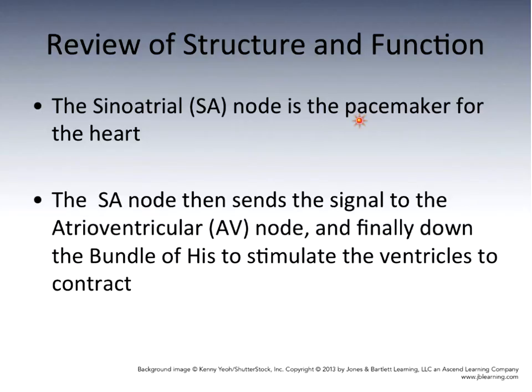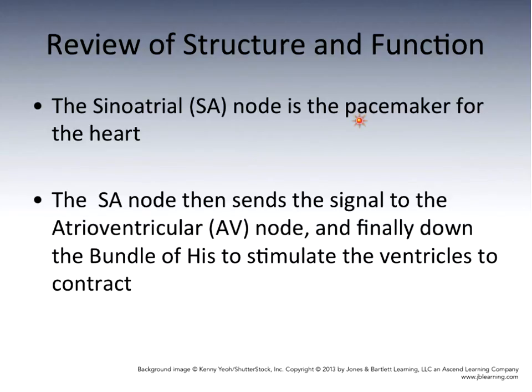And then it goes down, right? It goes down through the interventricular septum towards the muscles of the right ventricle and left ventricle. Those bundles are called bundle of His. They stimulate the ventricles.